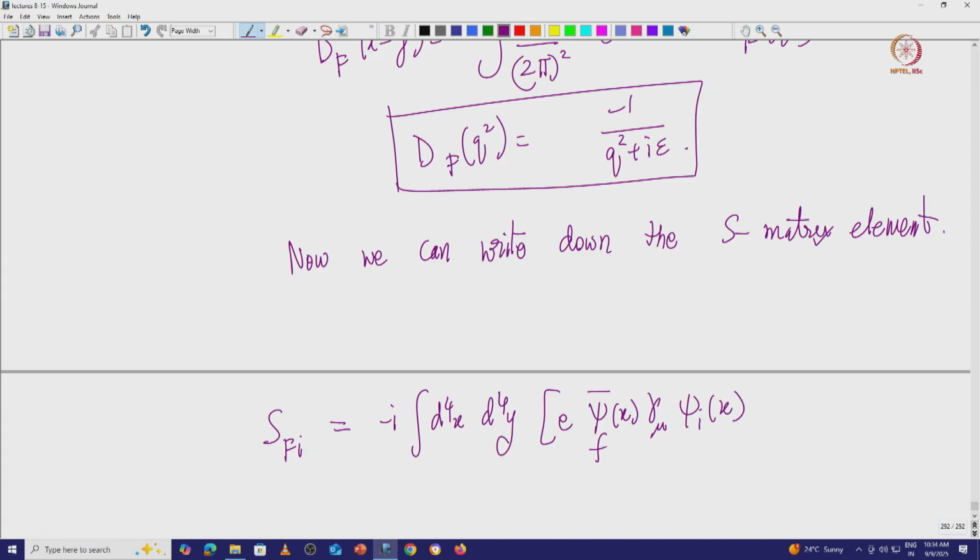This is for the final state, this is the initial state, times D_F of x minus y j mu of y.